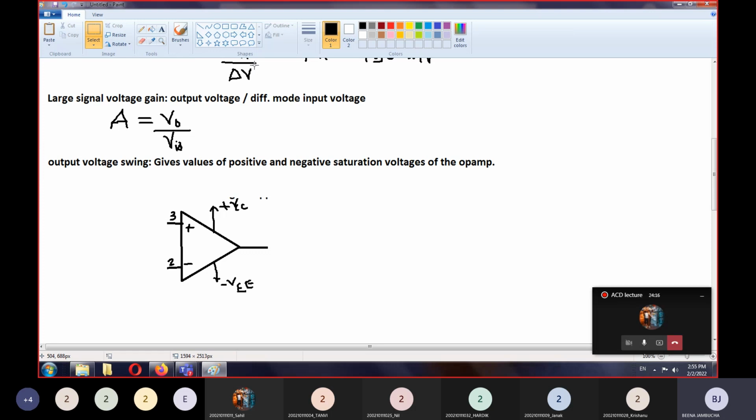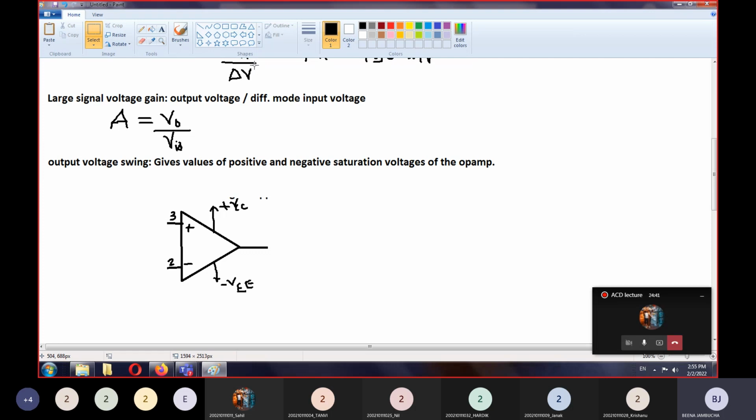So gain is 100, input is plus or minus 1 swing of sine wave, so my output should be plus or minus 100, right? Is it possible that we provide only 15 volt to the supply and get 100 volts at the output? It is not possible, right?